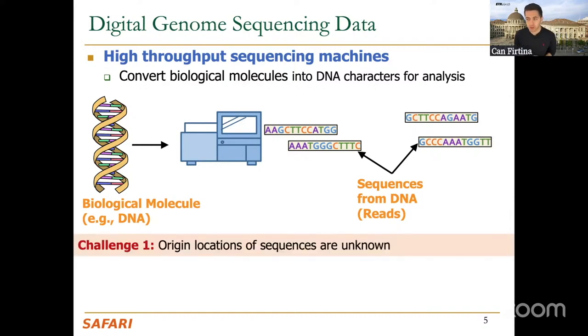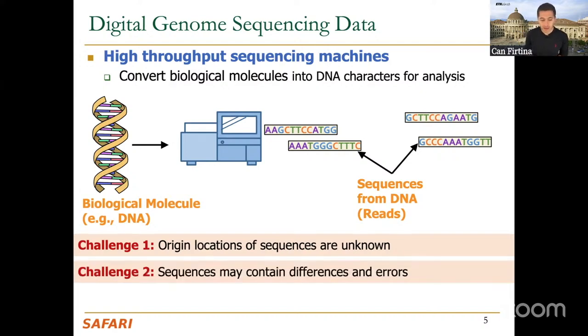And essentially there are certain challenges to using these sequencing machines. One, when we generate these reads, we lose their origin information. We don't know where they are coming from within the genome.